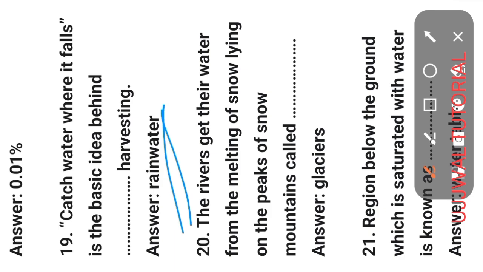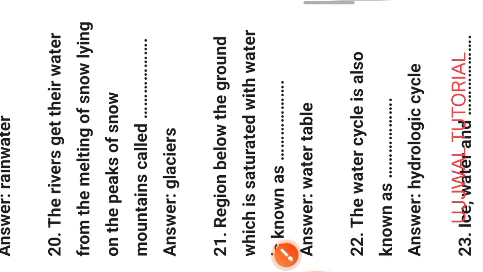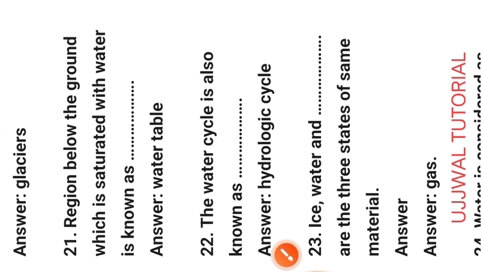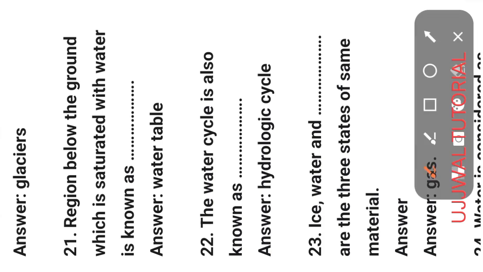Next question, question number 20. The rivers get their water from the melting of snow lying on the peaks of snow mountains called glaciers. Glacier. Next question, question number 21. The region below the ground which is saturated with water is known as the water table.